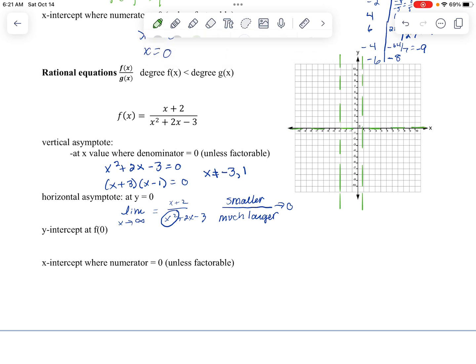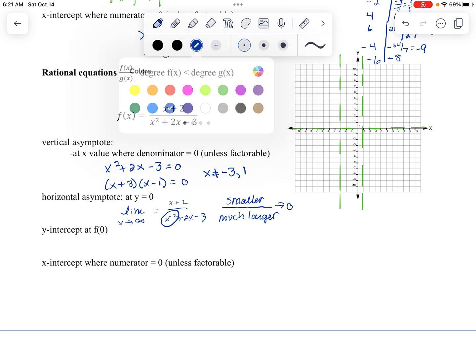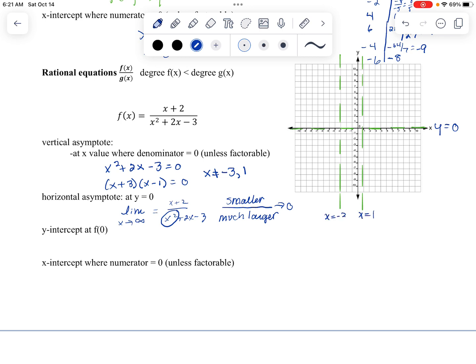And remember, when you're graphing these, it's always nice to label your asymptotes. Y equals 0 here, x equals 1, x equals -3, unless they're clearly marked on your axes. You want to find the y-intercept if one exists, so we're going to plug in zeros. F of 0 is 2 on top, -3 below.